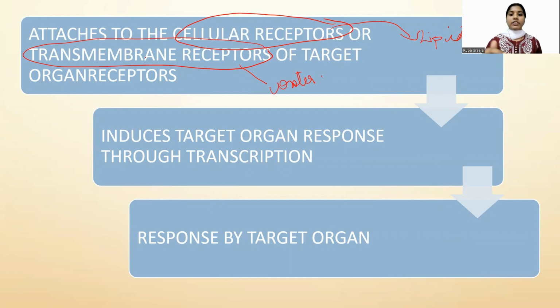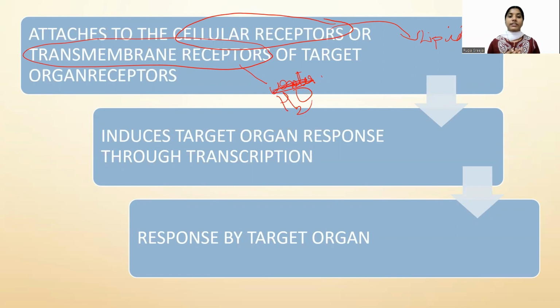Whereas with transmembrane receptors, the hormone that has reached is a water-soluble hormone, so it can't enter the lipid bilayer. It attaches to the transmembrane receptor, and this transmembrane receptor activates the secondary messengers. Here, the secondary messenger in our example is either the class teacher or the class captain who delivers the information. Just relate the two things.